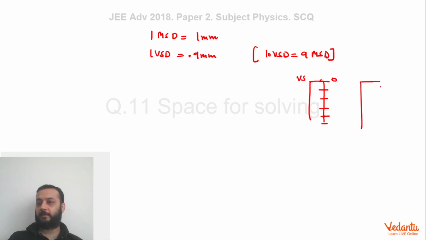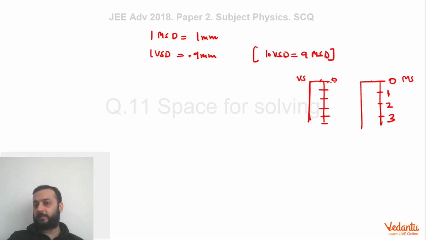Initially these zeros were at the same level. So this is 1 mm, this is 2 mm, this is 3 mm, and this scale is attached with the block, or we can say the wire, which is going to shift because of the extra load.